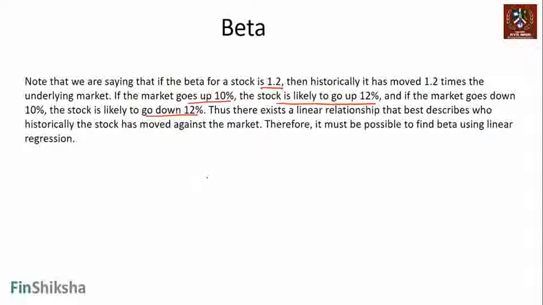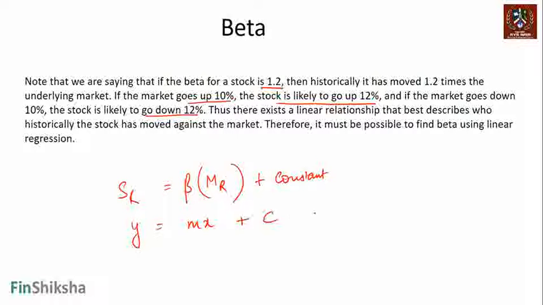So if you have the market return here, then you are saying that the stock return is moving beta times the market return, and maybe plus some constant, right? In other words, you are saying y equals mx plus c, which is the equation of a linear relationship, correct? If you remember mathematics, we used to use this equation, and this equation can be found by a simple linear regression.